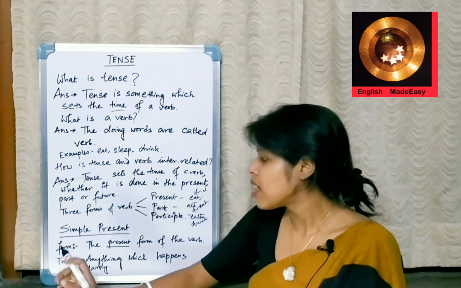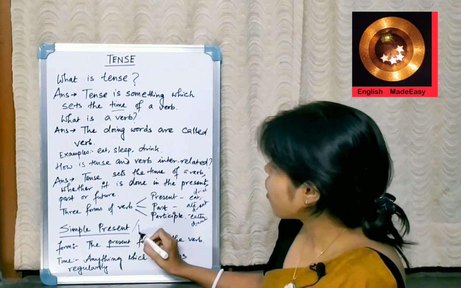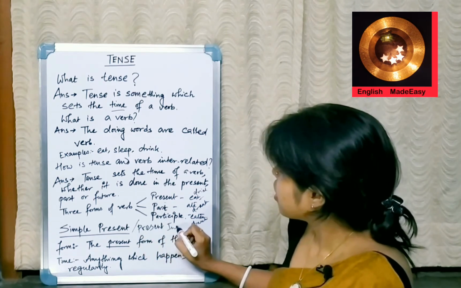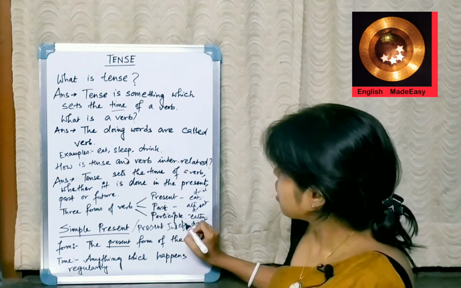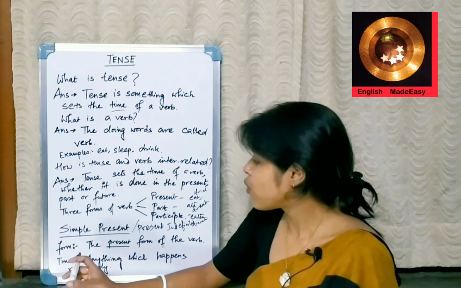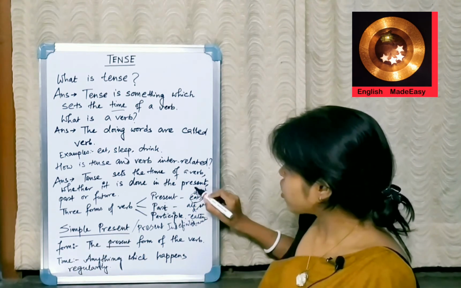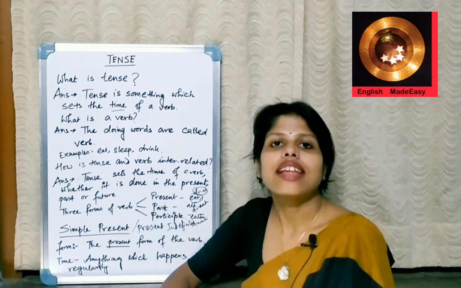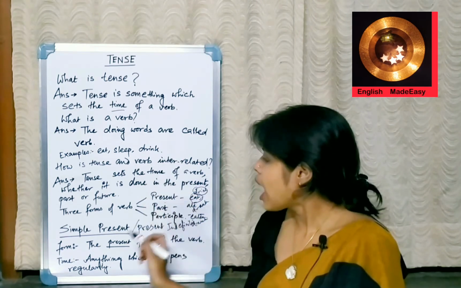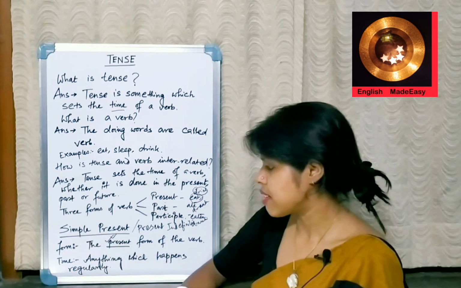We begin with simple present tense or present indefinite. What is the form? The form is the present form of verb, that is eat or drink. As we know that there are three forms of verb, we have to take the present form of the verb in simple present.